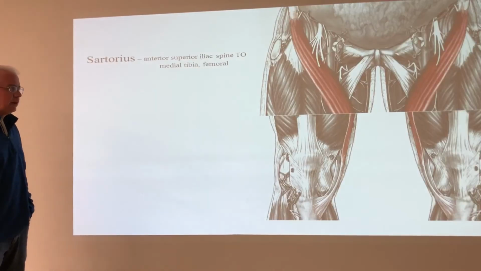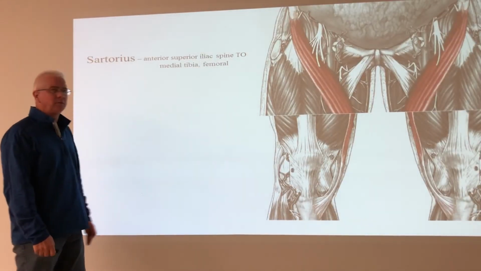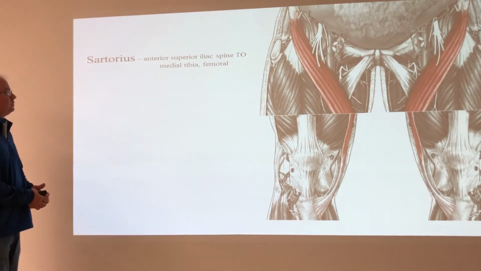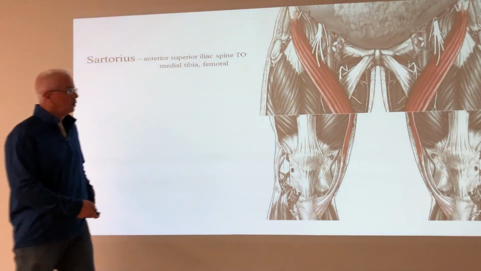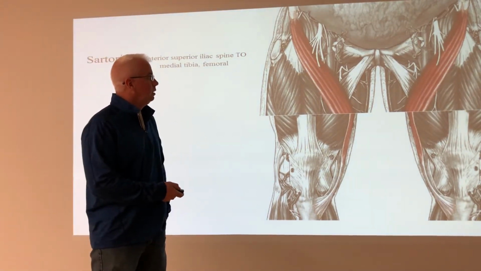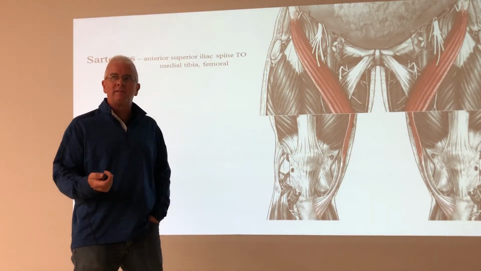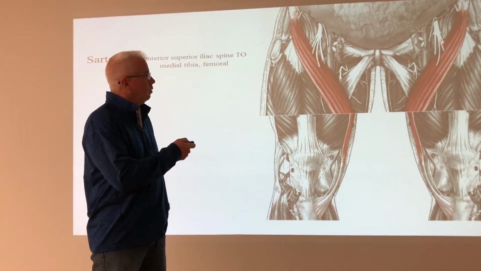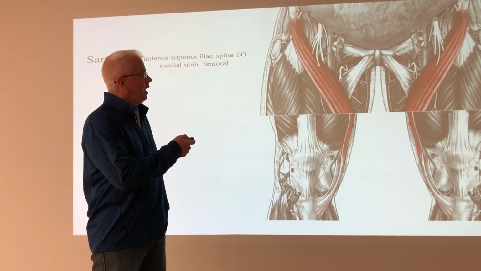Okay. Now, let's do the front and backs of the legs, and then we'll do the knees, and then we're ready for an exam. Okay, so the first one here is a sartorius. Let's see if you kids have been listening to me. What is the name of that nerve right there?